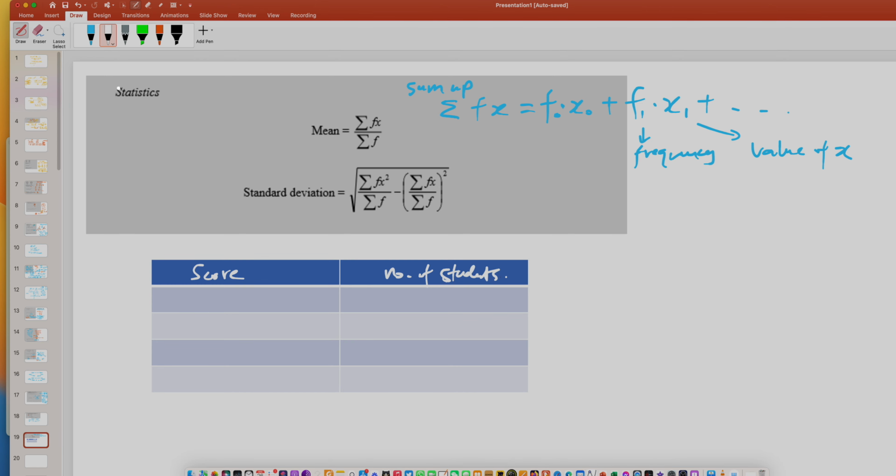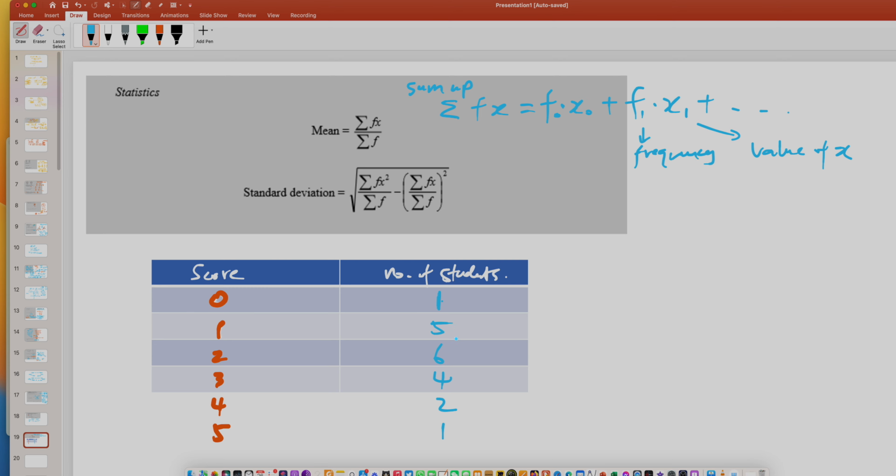So let's say you only have 0, 1, 2, 3, 4, 5. Let's say the number of students who score 0 is 1, then 1 is 5, 2 is 6, then 3 is 4, 4 is 2, and this is 1.